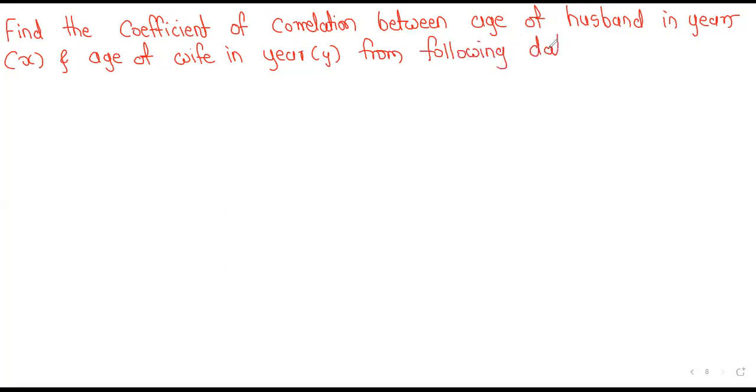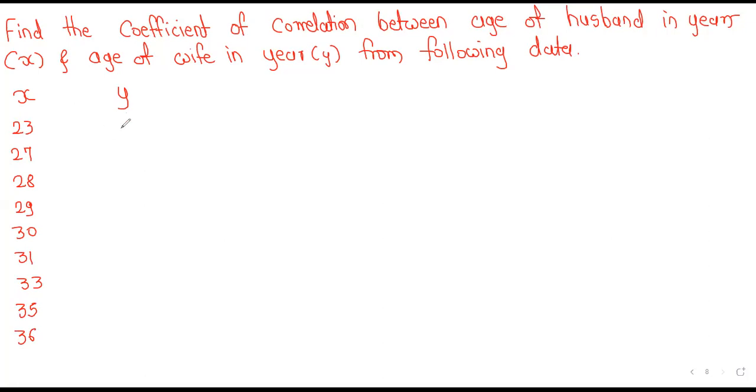Okay, so we have given the values of x and y. Values of x are 23, 27, 28, 29, 30, 31, 33, 35 and 36.